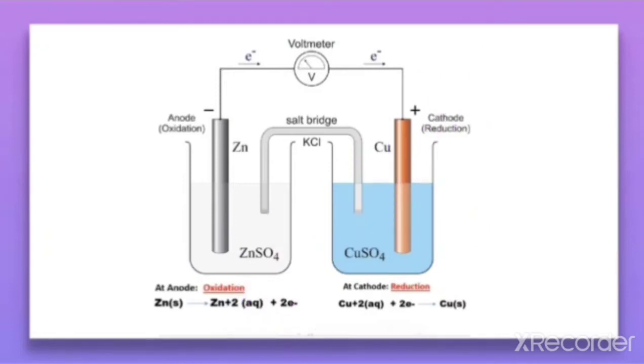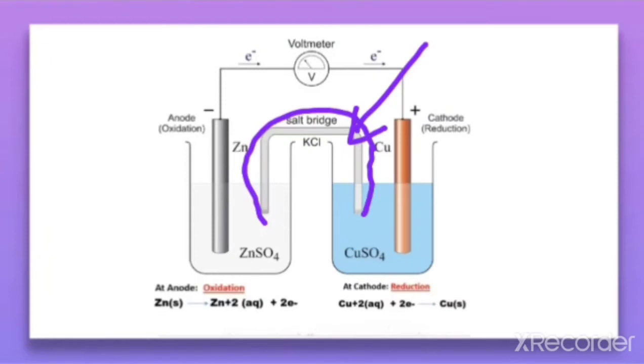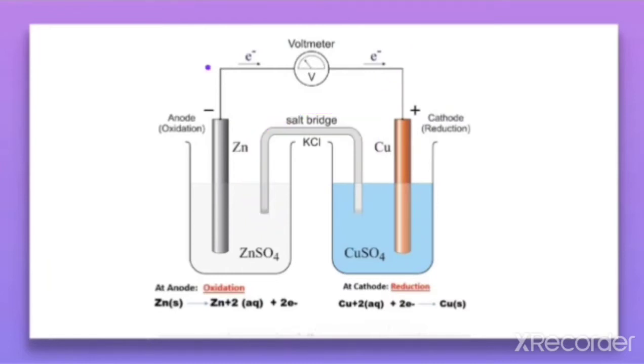Here these two are internally connected through a U tube, or an inverted tube, that is called a salt bridge. You can see here the salt bridge is an inverted tube touching the two solutions. So the zinc and copper are externally connected through a metallic wire, and the two containers are internally connected by a salt bridge.